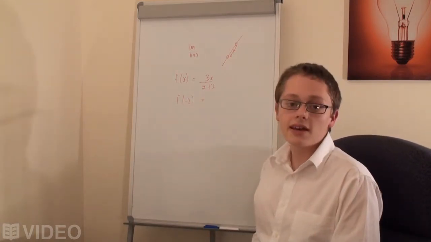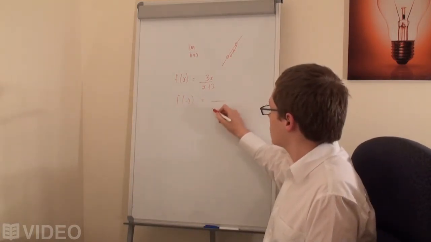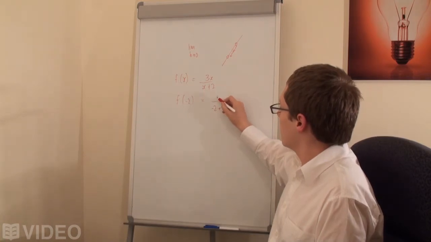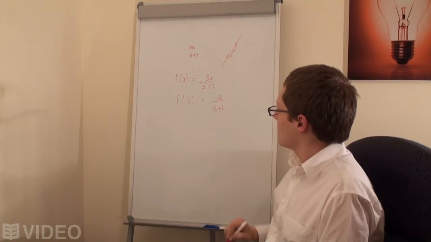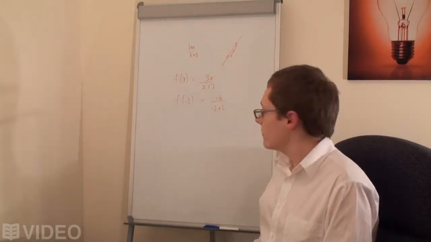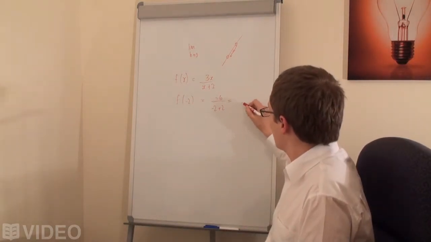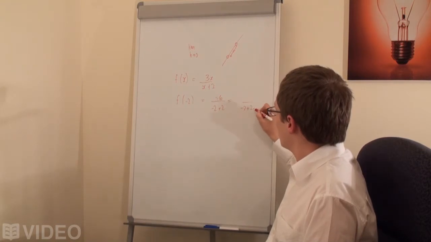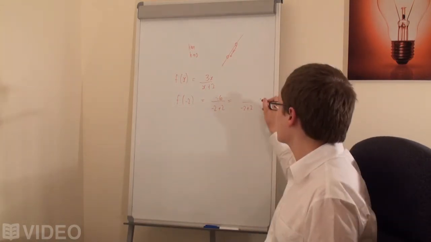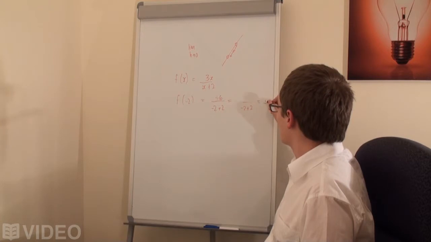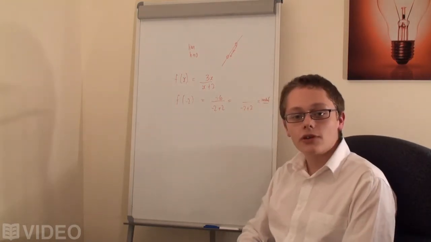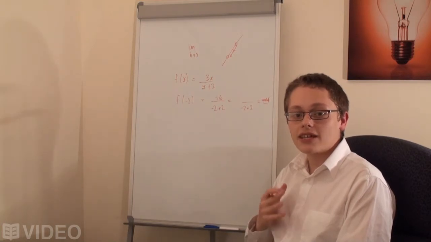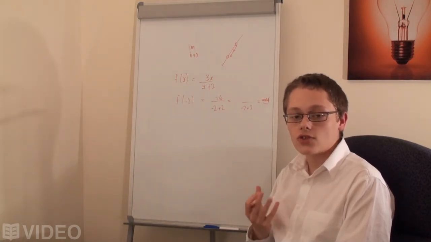The reason being, if we have negative 2 as x, then we end up with negative 2 plus 2, which is going to ultimately equal an undefined result, because when we divide by 0, we cannot actually get a value or a result from it.